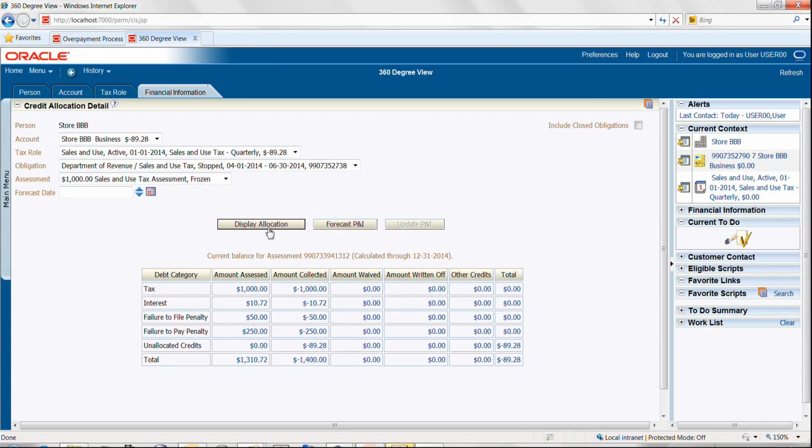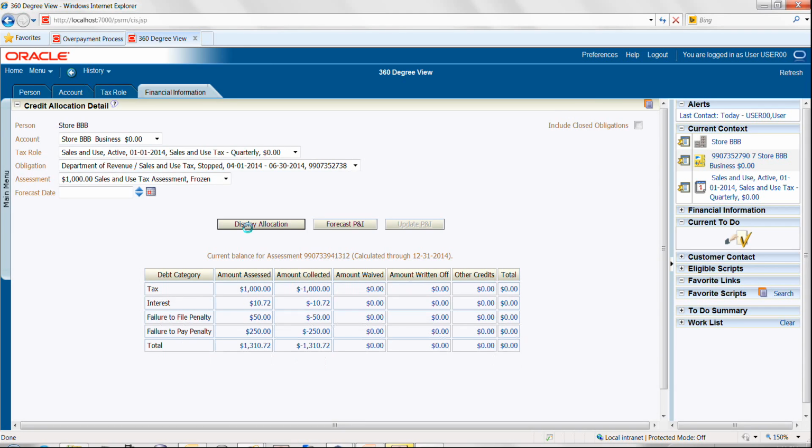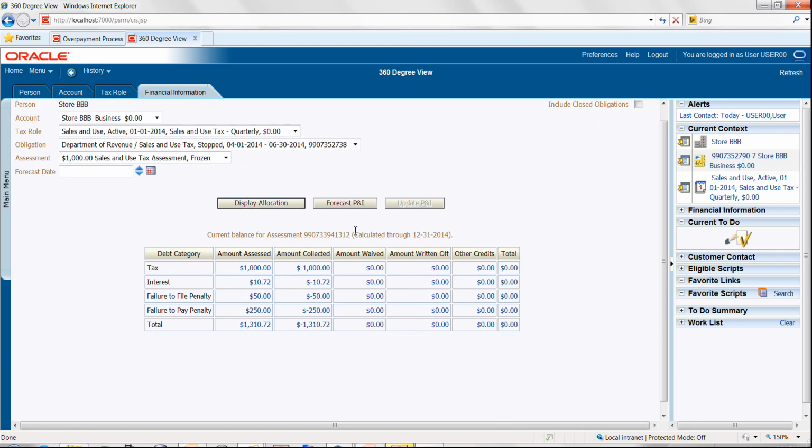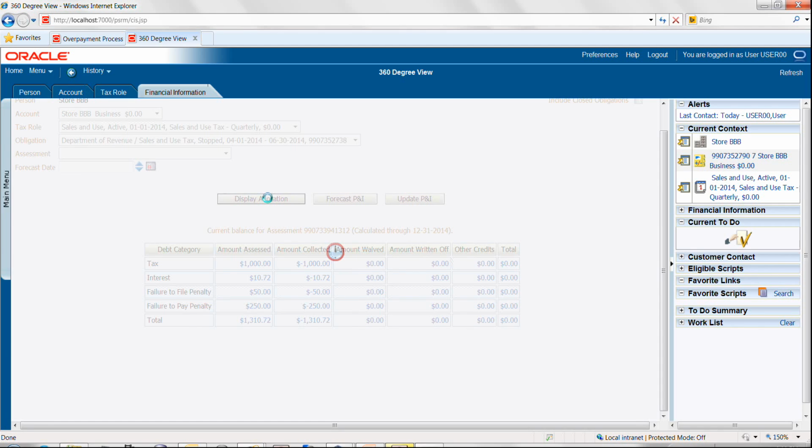So if I actually display now the allocation, you'll see that for this particular period of time, you can see everything this way.